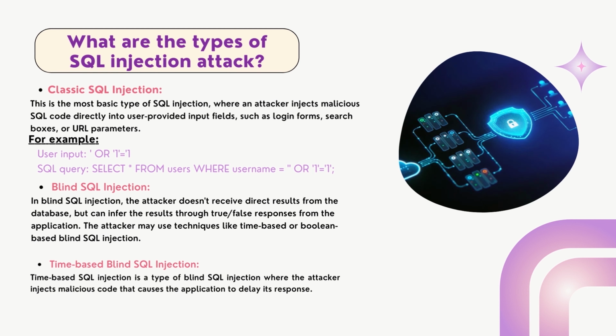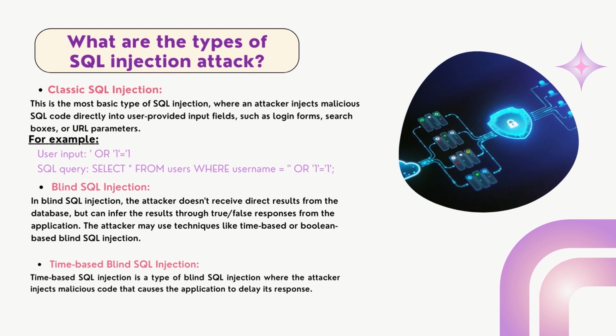The second type is blind SQL injection. In this attack, the attacker exploits a vulnerability that doesn't display SQL errors or responses directly. Instead, the attacker makes the application perform conditional operations, and based on the application's response, the attacker can infer if the injected SQL query is executed successfully or not.